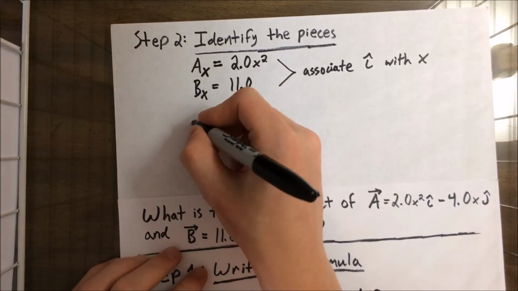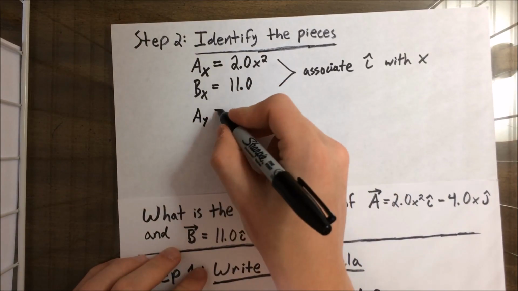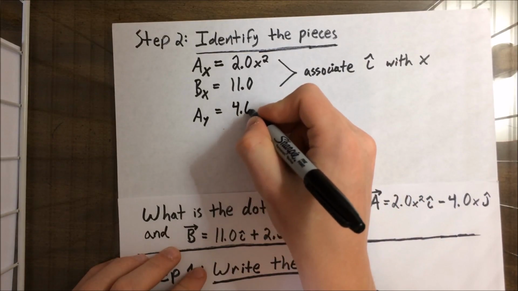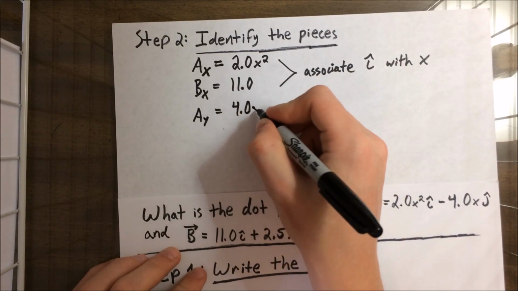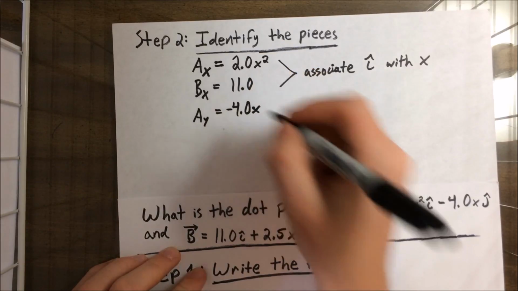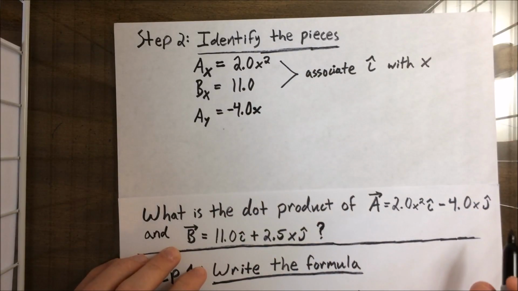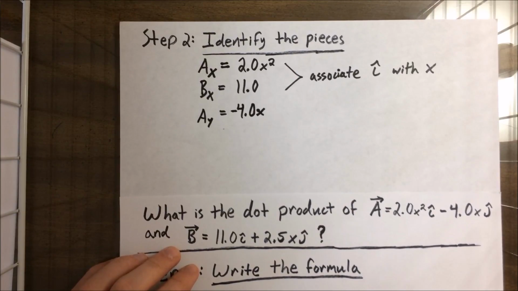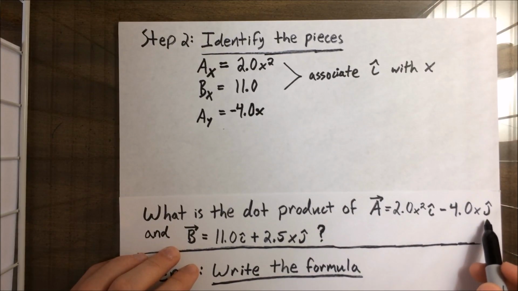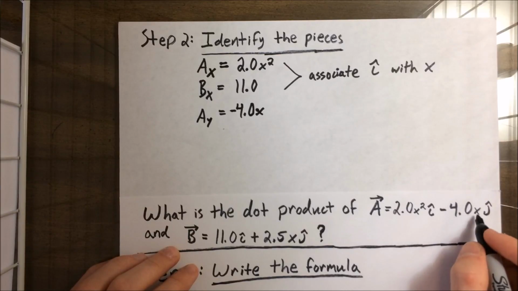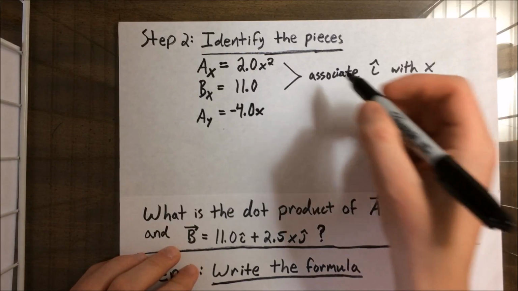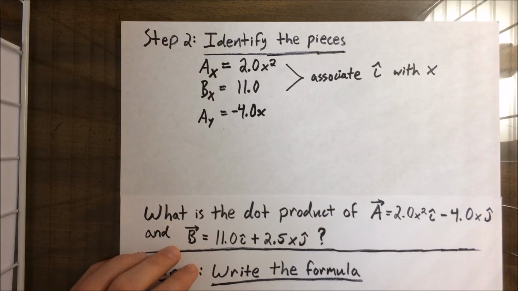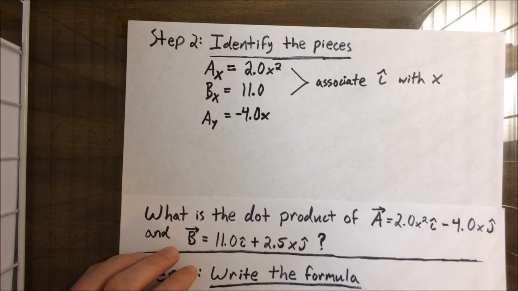Then a sub y is equal to negative 4.0x, sorry. Something to take note of is that you can still have x in there. It's not saying it can't be in the y direction. It's just another variable is all it is.